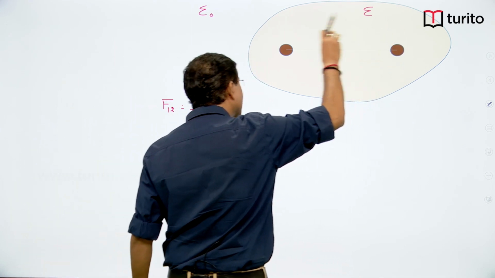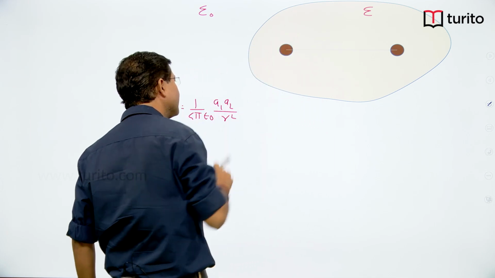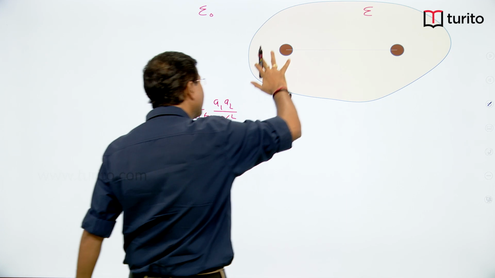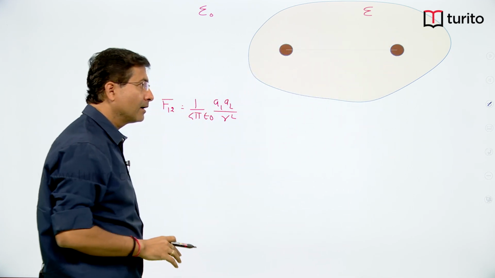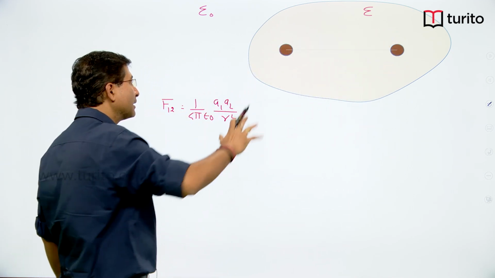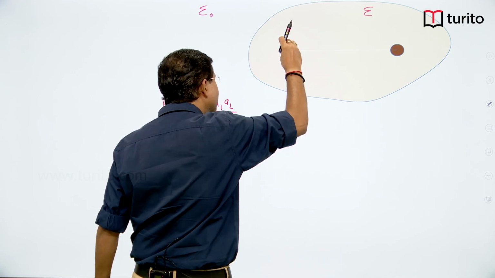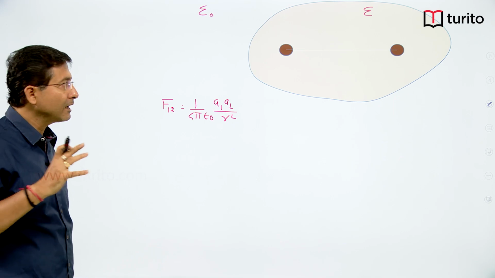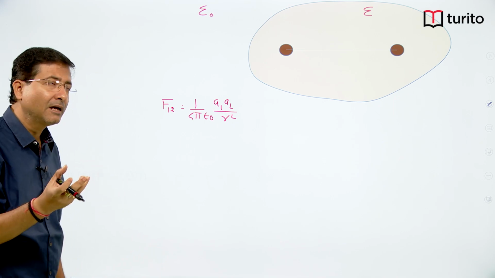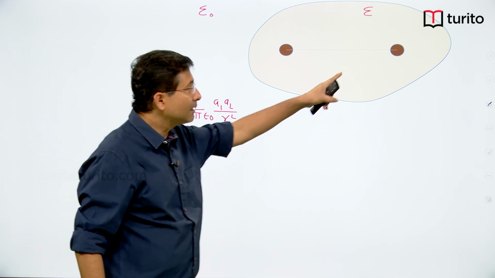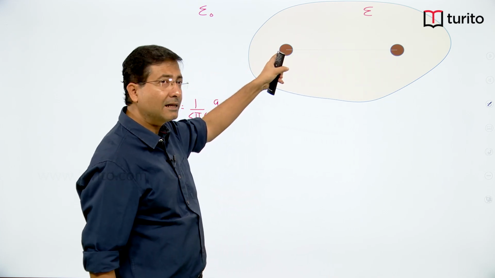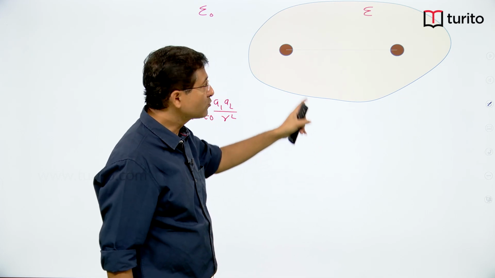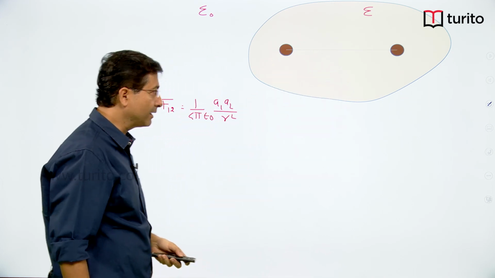This was either attracting or repelling the other particle. Now when you place a dielectric medium, the charges in the medium start exerting force on this particle. So the net force experienced by this particle will be due to the presence of the other charge and the presence of the charges in the medium. So the net force gets modified.